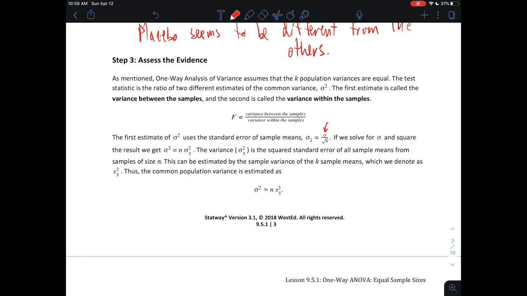The variance, that's that symbol sigma squared sub x bar, is the squared standard error of all sample means from samples of size n. This can be estimated by the sample variance of the k sample means, which we denote as s squared sub x bar. Thus, the common population variance is estimated as sigma squared is approximately n times s squared sub x bar.